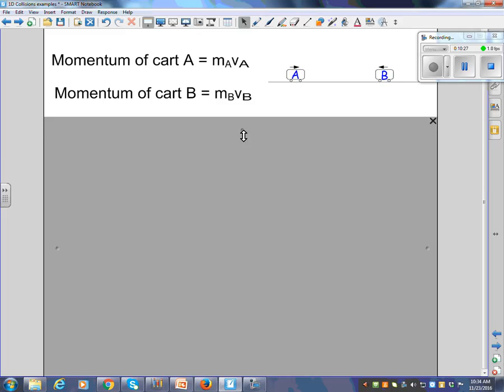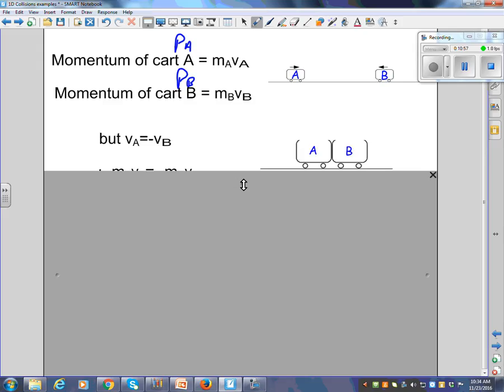The momentum of part A, technically PA, would be equal to MAVA, mass A times velocity A. Momentum of part B, PB, would be mass B times velocity, MBVB. You guys have that there already, right? You just need to draw the picture.